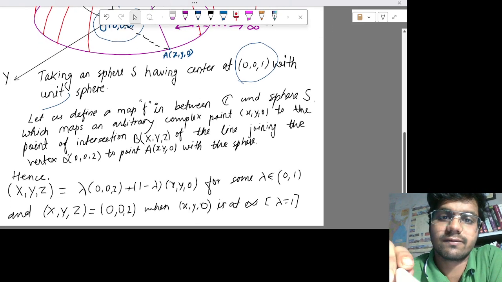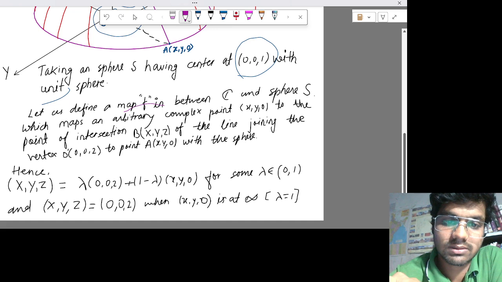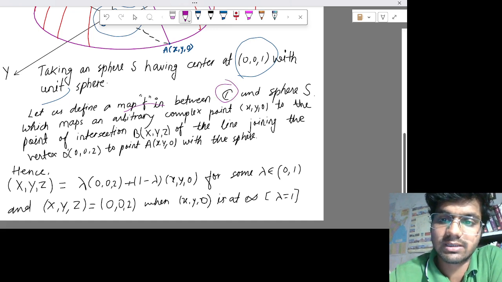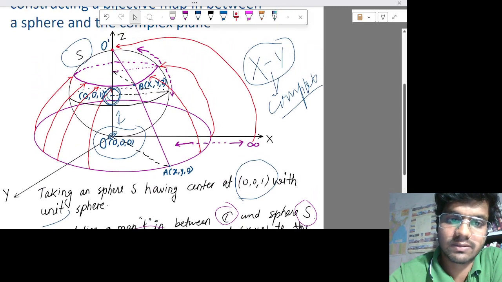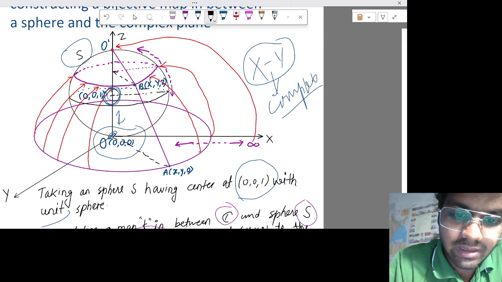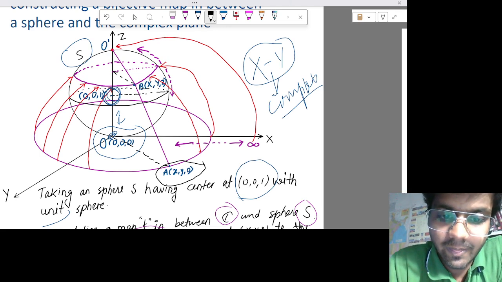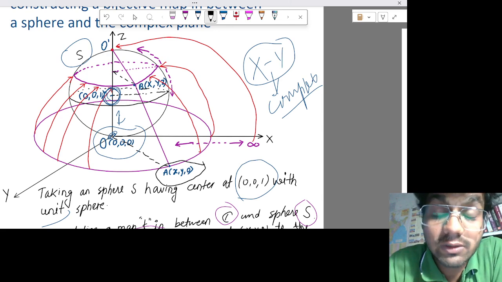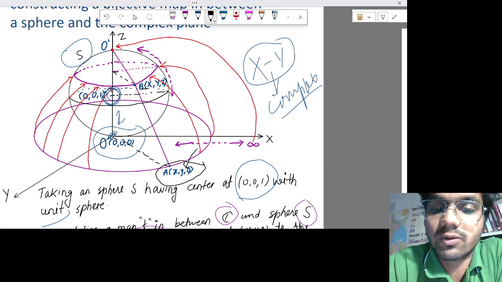Now we want a map F between the complex plane and the sphere S. Take any arbitrary point x, y, z. Here in this figure, you can see x, y, 0. This is a point of the complex plane. Actually, we are taking the complex plane in 3D, so the third coordinate will be 0.